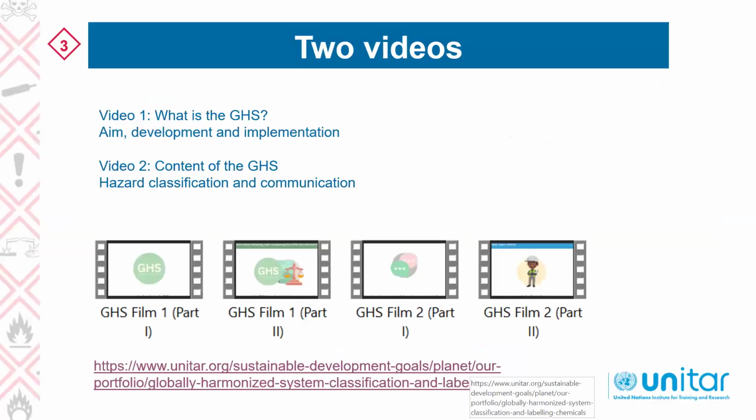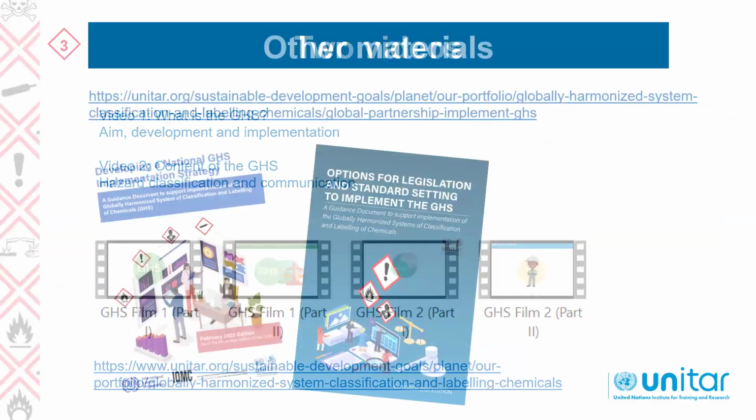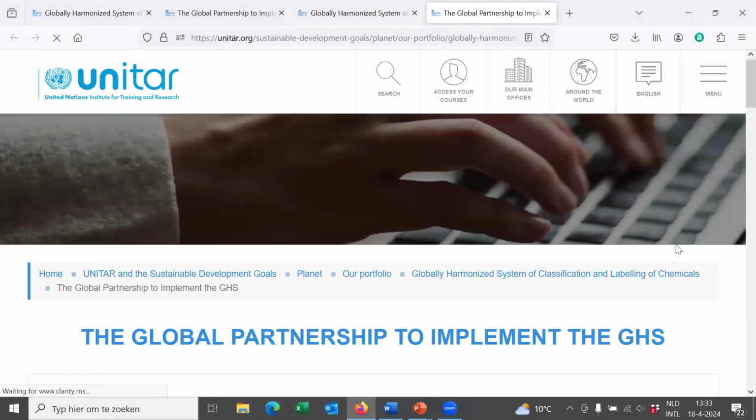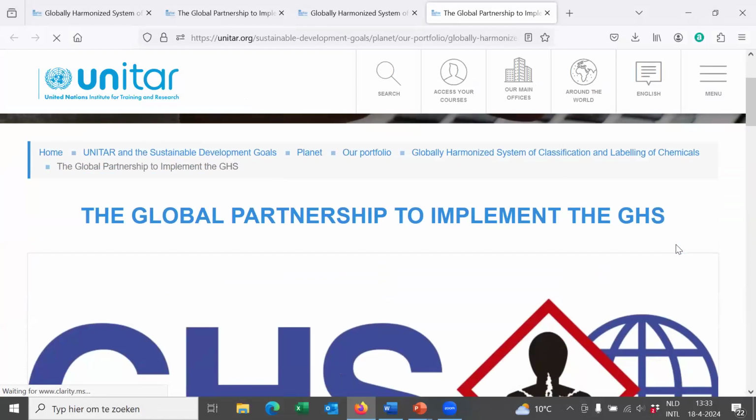And then there are some other materials as well, which may be of interest for you. First of all, the document on developing a national GHS implementation strategy, and the other one, options for legislation and standard setting to implement the GHS. There are a few other interesting materials as well, which you can find on the Global Partnership to Implement the GHS website, which is this one.